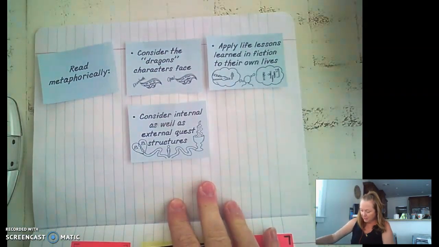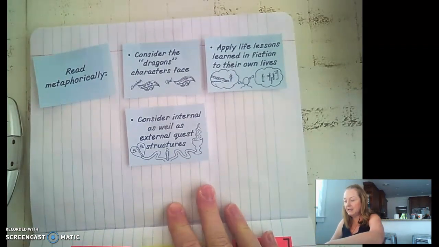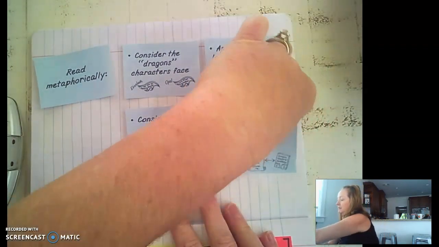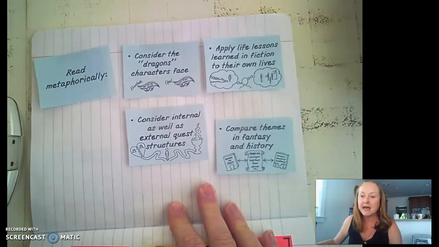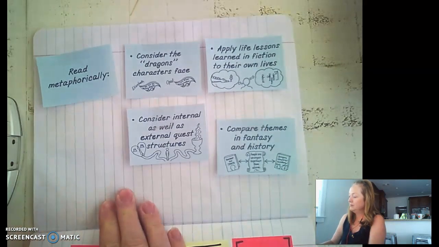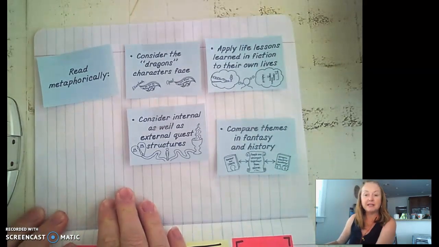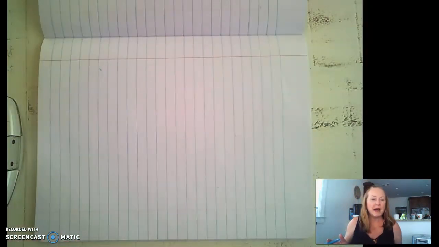Today, I'm going to go ahead and we'll complete this anchor chart. And today's lesson is going to be about comparing themes in fantasy and history. So I want to talk about the subject of themes in books.